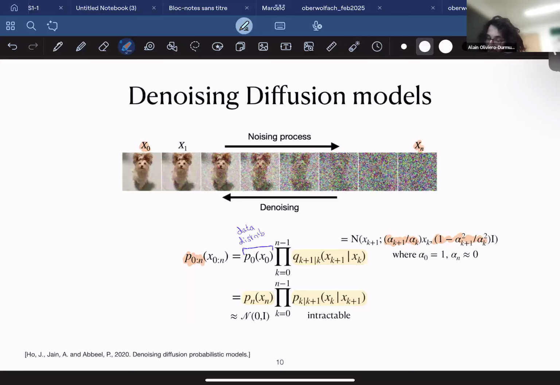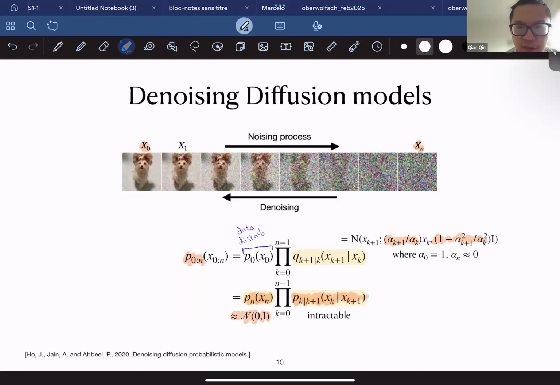Since I'm considering a Markov chain, just by using Bayes formula, I know that if I look at the Markov chain backward from xn to x0, it is also a Markov chain with initial distribution the marginal at stage n of my original Markov chain, so Pn of xn, which I know by construction is approximately Gaussian. And then the product of the conditional distributions of xk given xk plus 1.